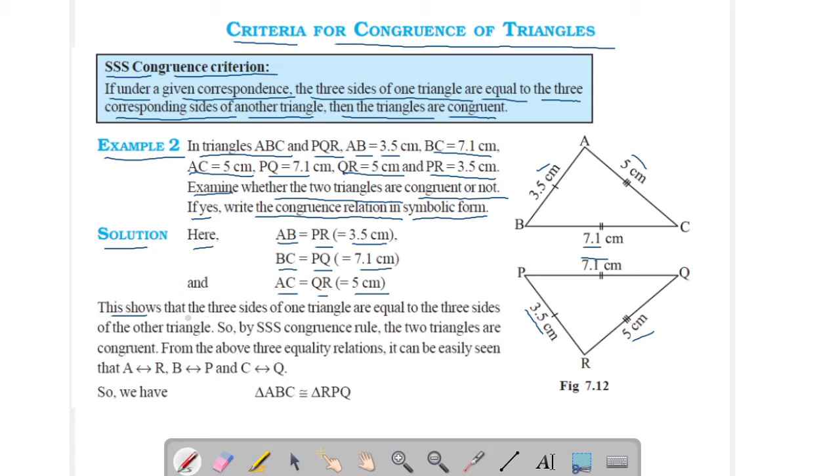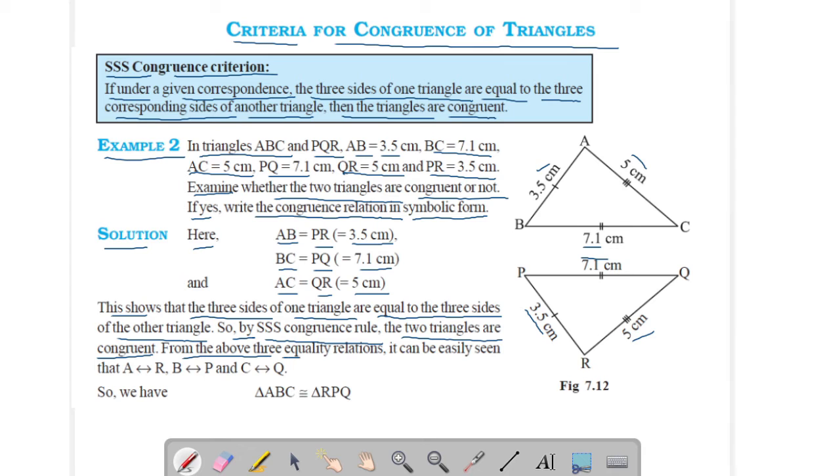This shows that the three sides of one triangle are equal to three sides of the other triangle. So, by the SSS congruency rule, the two triangles are congruent.